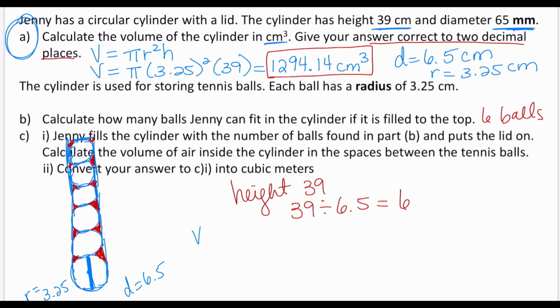So the volume of a sphere, because that's what a ball is, is 4/3 pi radius cubed, which in this case is 4/3 pi, the radius is 3.25 cubed. So go to your calculator, and we're going to do 4/3 times pi times 3.25 to the 3rd power.